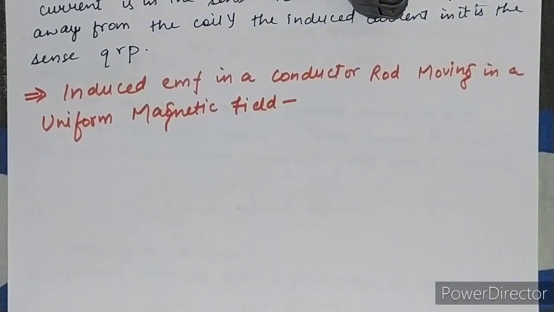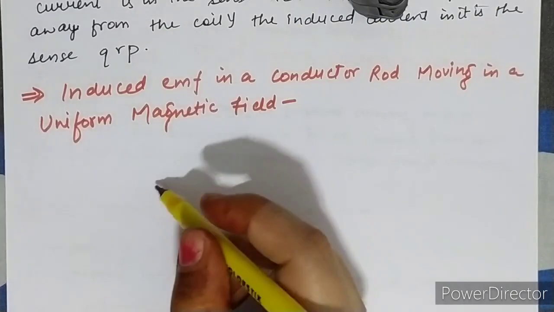Okay, it was moving in a uniform magnetic field. So I am just taking the uniform magnetic field. Okay, and I'm just taking a conducting rod.